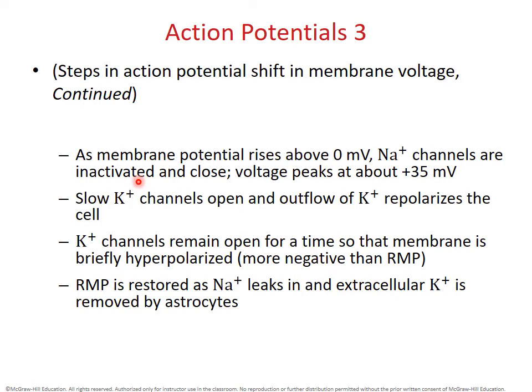So the initial effect of the depolarization is to cause them to open. But once the voltage change gets too high, the voltage-gated channels in response to that start to close. And so the sodium channels begin to rapidly close, and the voltage peaks out somewhere in the positive range. I said +20. The book is saying +35. I think you'll find different books give different values for this peak level of depolarization.